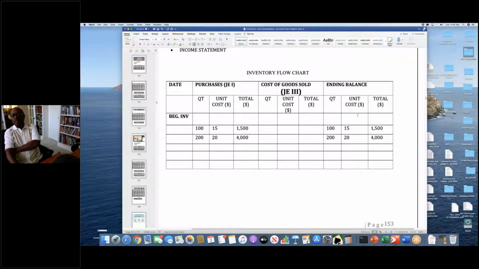You could have beginning balances. So we put the beginning balance if we had it plus purchases over here in the ending balance to show what's available. And working with FIFO, how many did we sell?